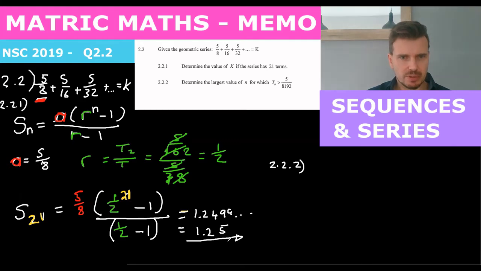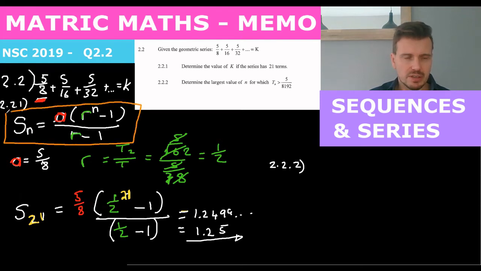So let's get some of these formulas down, and I'm going to do them in orange. This is a formula that you get given, and that's for Sn. And Tn is equal to a r to the n minus 1.